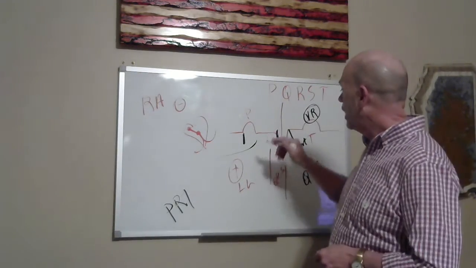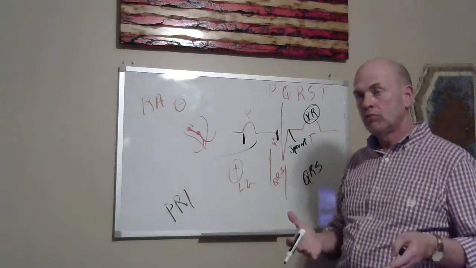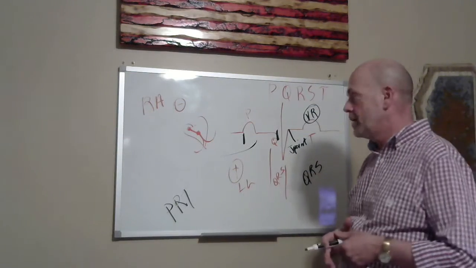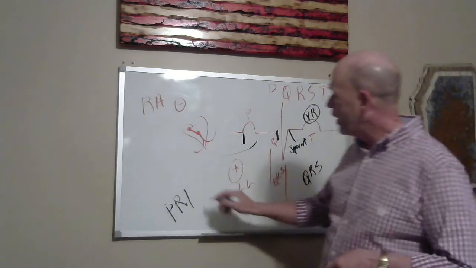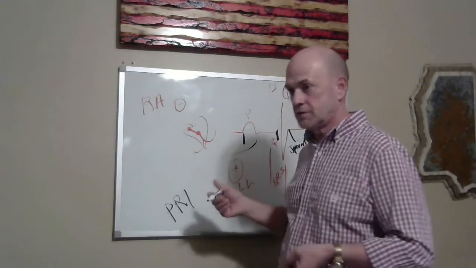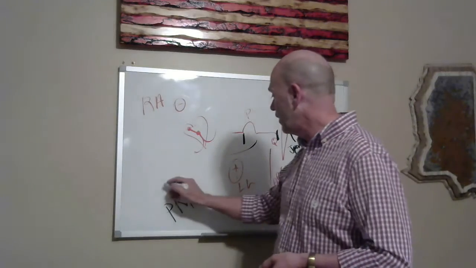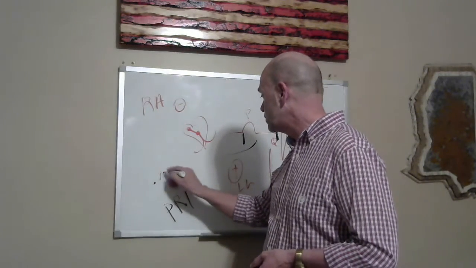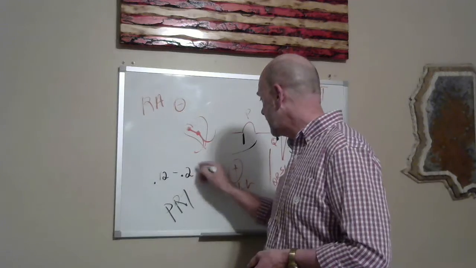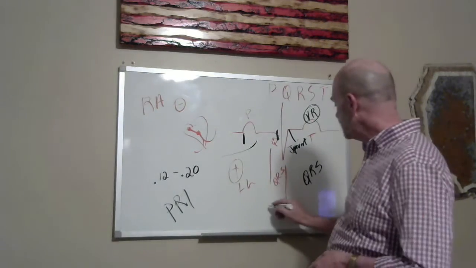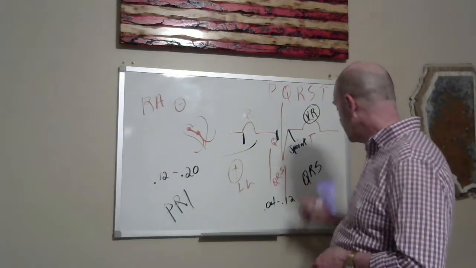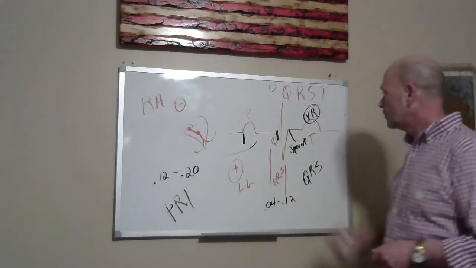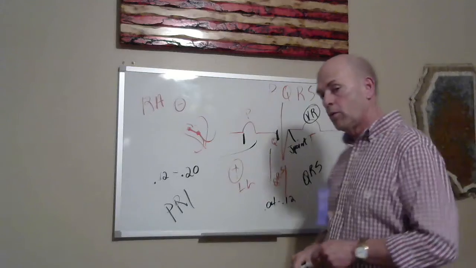Each one of these has some normal values associated with the amount of time it takes for them to occur. These are just about memorization. The PR interval in time should be 0.12 to 0.20 seconds. The QRS should be 0.04 to the outermost limit, 0.12 seconds. We'll do the QT interval later on when we do the 12 leads.